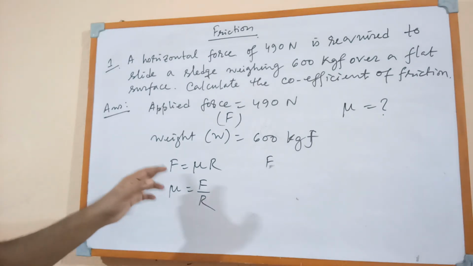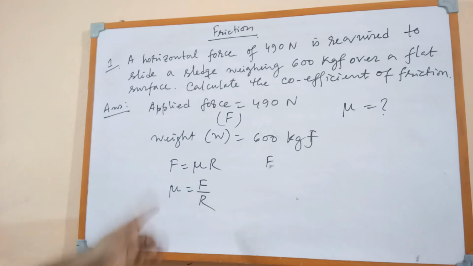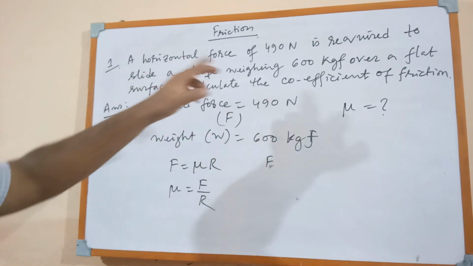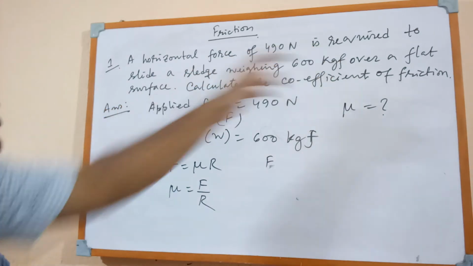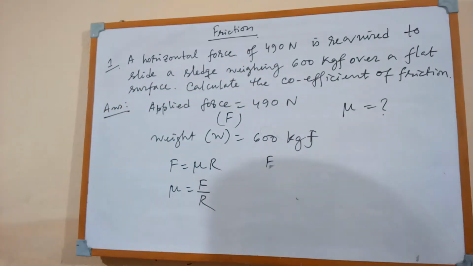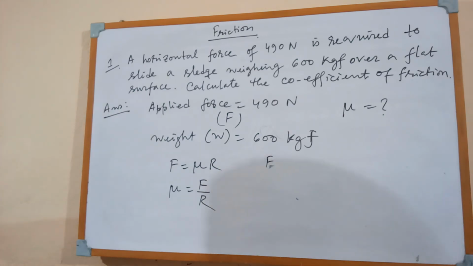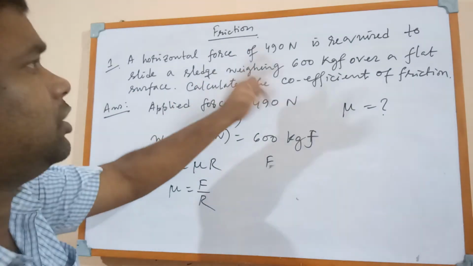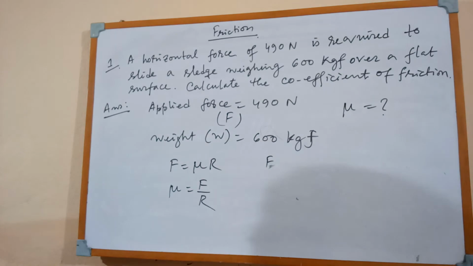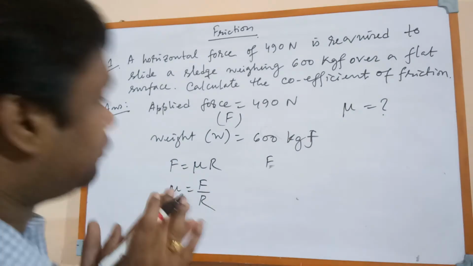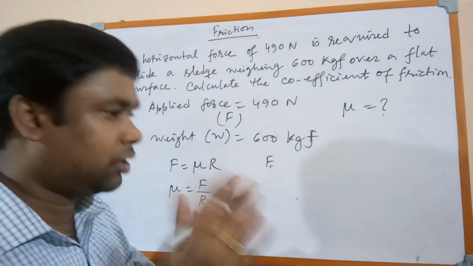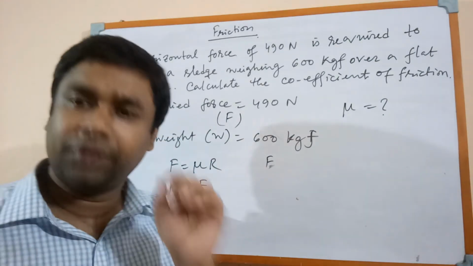Here F is the frictional force, which should be equal to the applied force, because a horizontal force of 490 Newton is required to slide a sledge weighing 600 kilogram force. So if 490 Newton force is required to slide the sledge, then the applied force minimum should be equal to the frictional force.